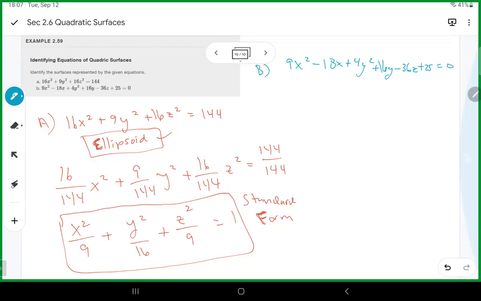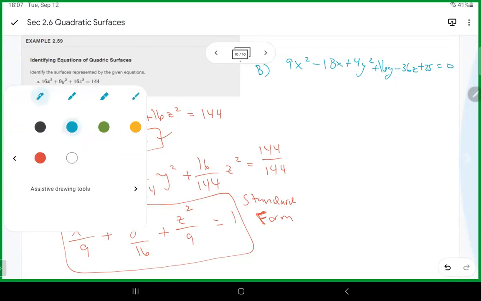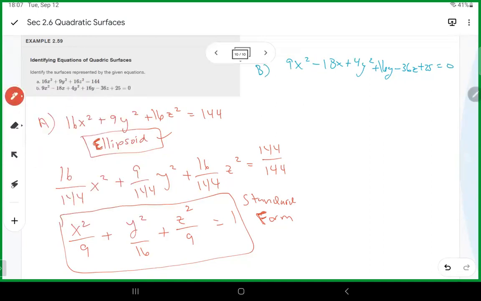And I guess before I show you that answer, this is also centered at the origin.